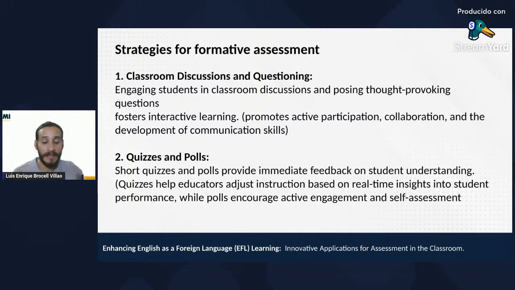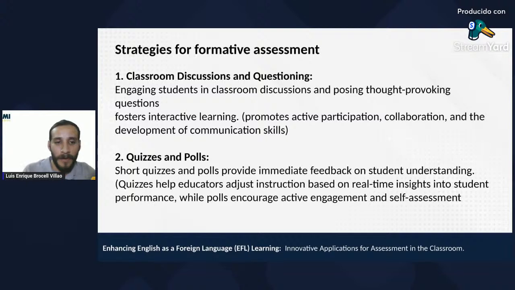This is not scored, so they are free to give answers. As they are not scored, they are free of pressure. Engaging the students in classroom discussion and posing thought-provoking questions fosters interactive learning and promotes active participation, collaboration, and the development of communication skills.